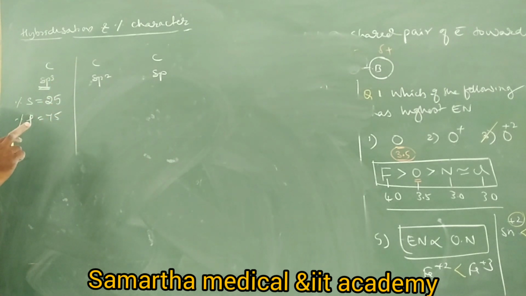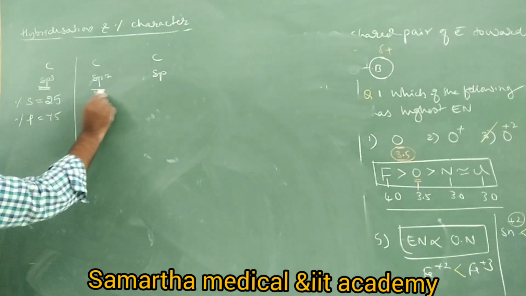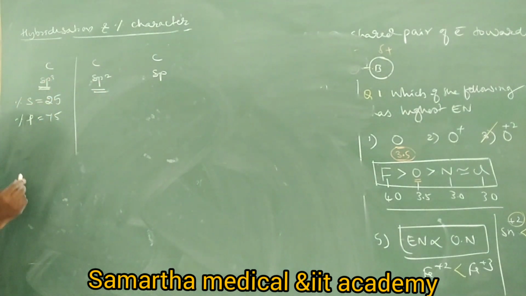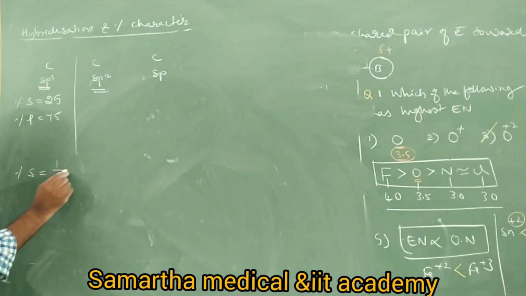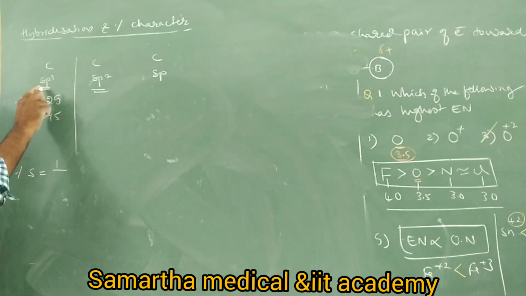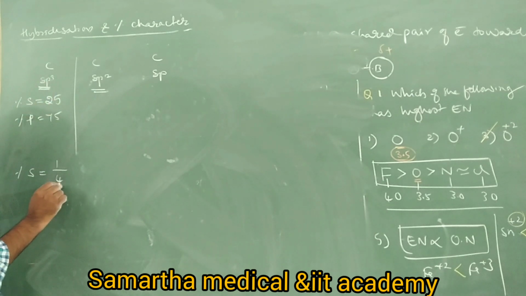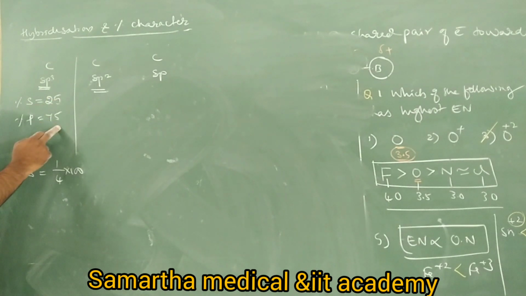Do you know how to calculate it? Percentage of S equals the number of S parts divided by the total parts, times 100. In sp3, S is 1 and P is 3, so 1 part divided by 4 parts times 100 gives 25 and 75.